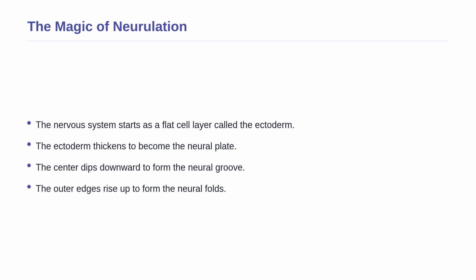During the third week of development, a specific patch called the ectoderm thickens into a neural plate. Imagine pushing down the center of this flat sheet to create a groove, while the edges naturally fold upward. This physical folding is the absolute foundation of all neuroscience, setting the stage for the three-dimensional structure of your brain and spinal cord.